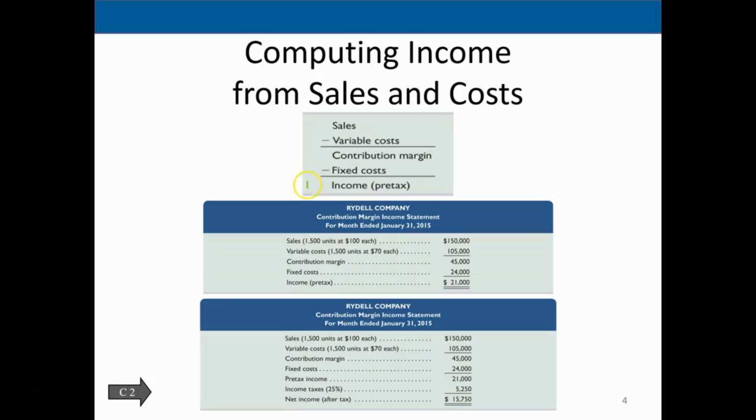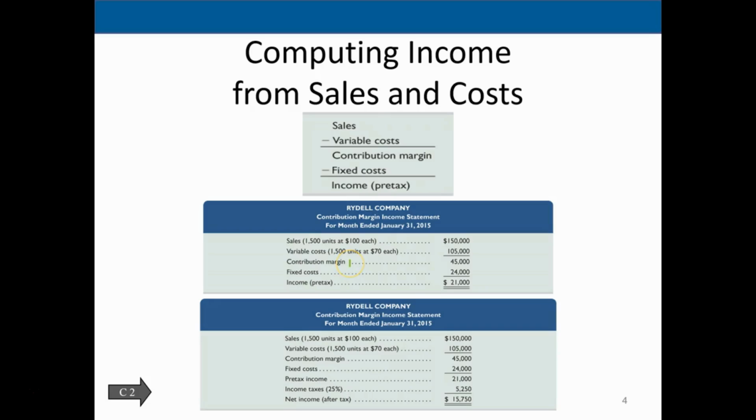If we look at a contribution margin income statement, we would have something like this: sales. This is total sales. We can also think about it in terms of units, but the total in this case would be 1,500 units times $100 each. That's our sales price. Therefore, we would earn $150,000. The variable costs go up in a similar fashion.